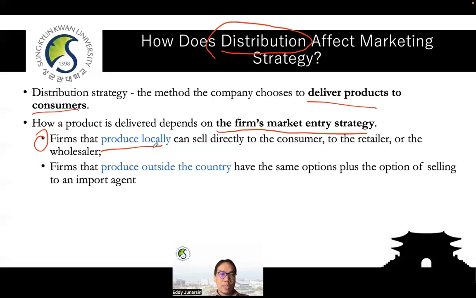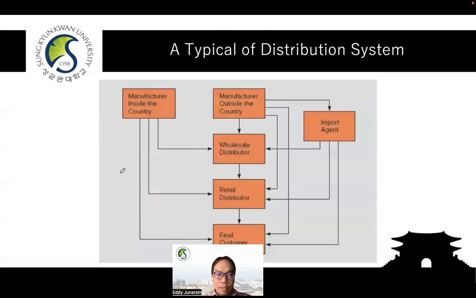But if we produce somewhere else and we need to send the products to another country, then we could have another possibility of being an export agent or an import agent.